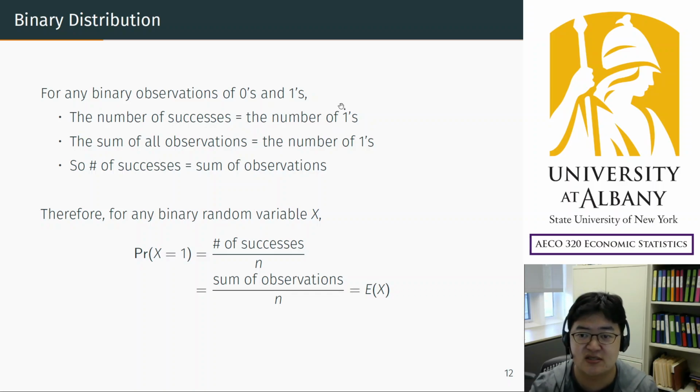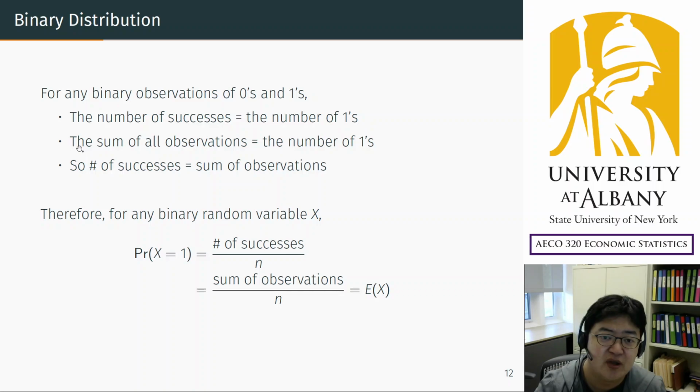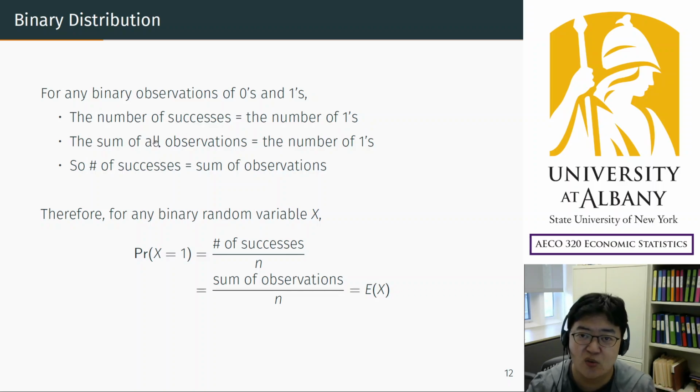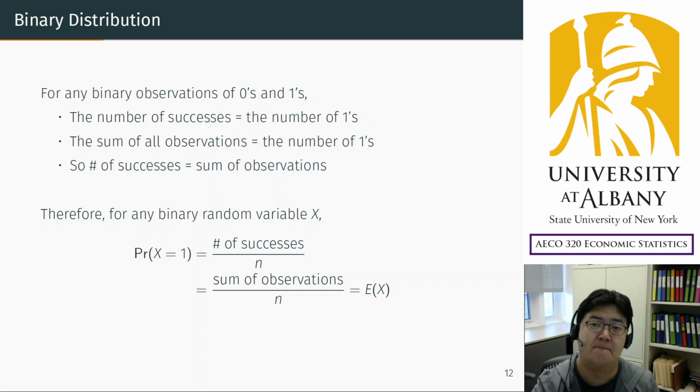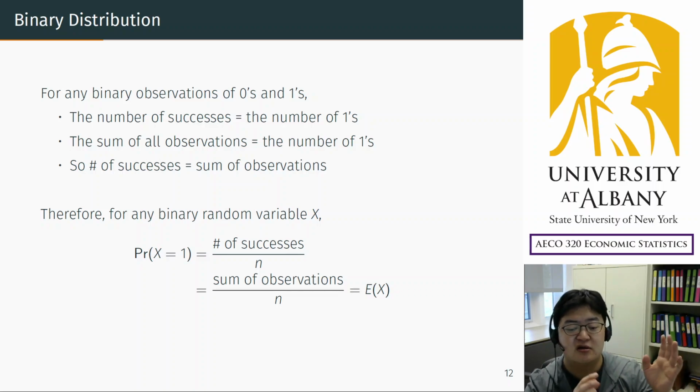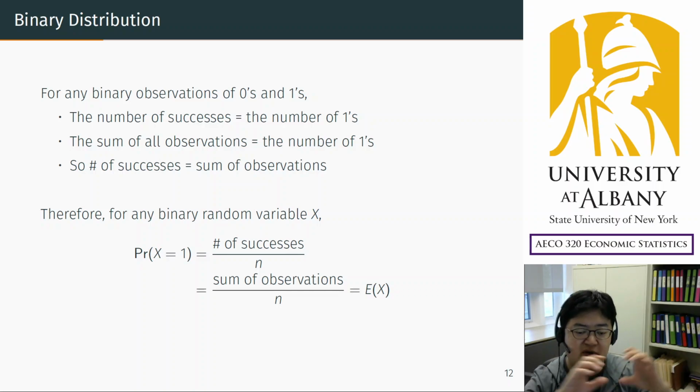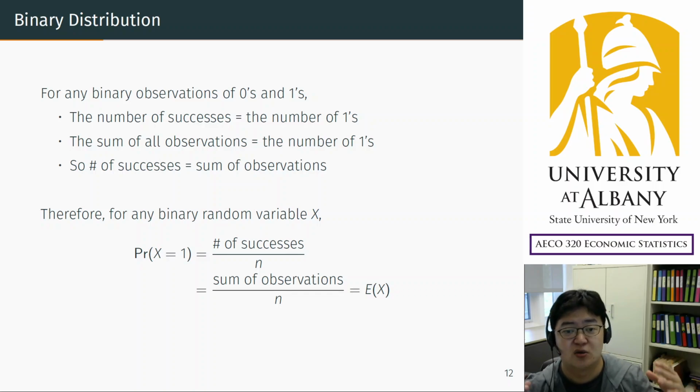And if you sum all the numbers, that also equals the number of ones, because zeros do not affect the sum. So the sum of the zeros and ones depends only on how many ones there are, right?